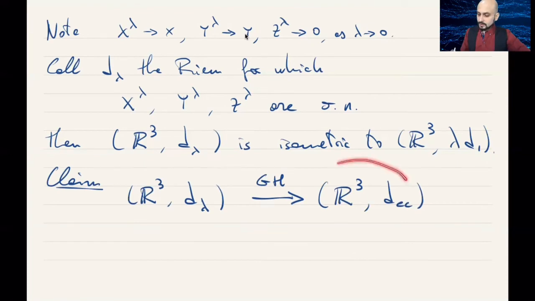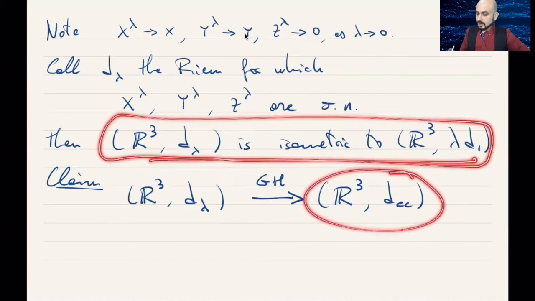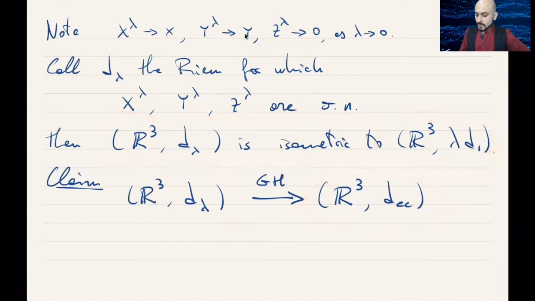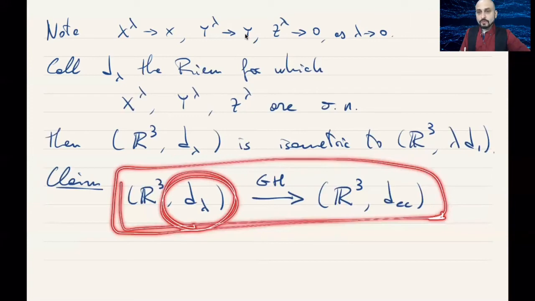One is that the sub-Riemannian distance is a limit of Riemannian distances, and also, because of this fact, it will tell us that the sub-Riemannian Heisenberg group is the asymptotic cone of the Riemannian Heisenberg group. And the way we will prove this convergence is using one of those criteria that we mentioned in previous videos. We will really prove that the distance d lambda converges uniformly on compact sets to the distance dcc.